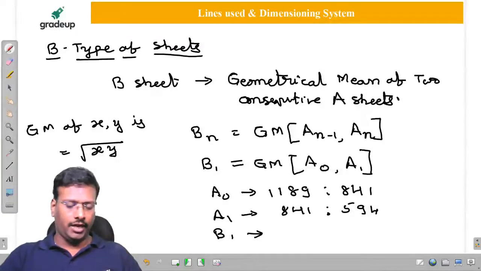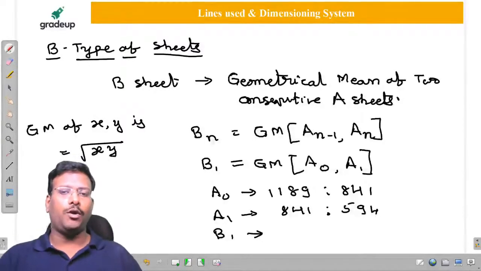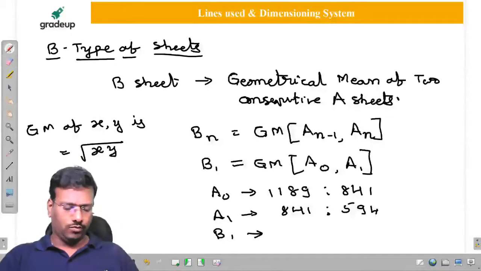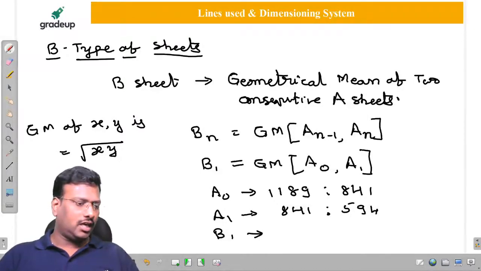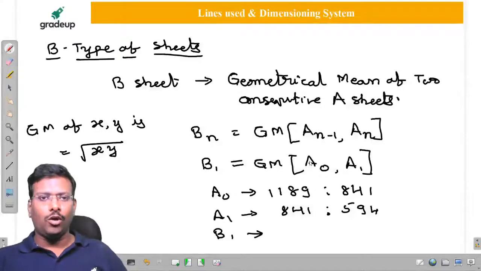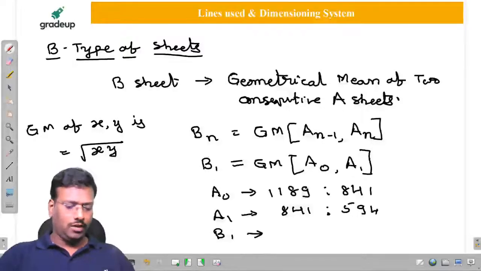The square root of 1189 into 0.841, so actually you have to take 1.189. I hope you did. Just give the answer.